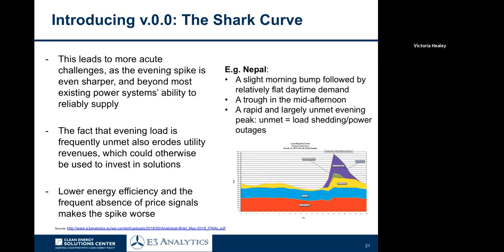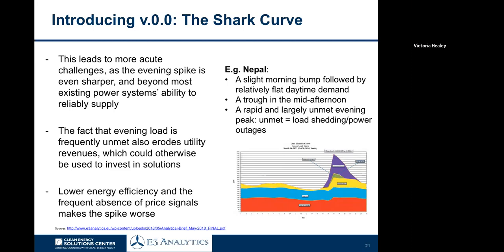If you could build the electricity system out in such a way that you could meet that load, then you could generate more revenues for the utility, which could then help finance those investments. But again, getting there is the challenging part. Also, in most emerging markets, you have lower energy efficiency and an absence of price signals during these hours of the day.